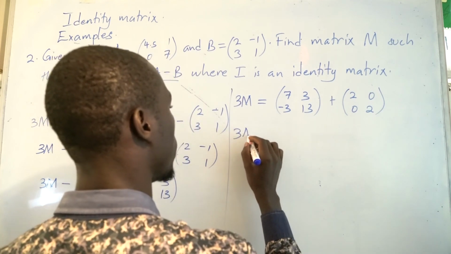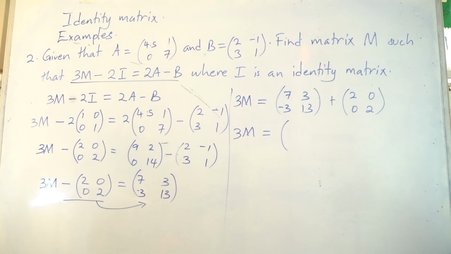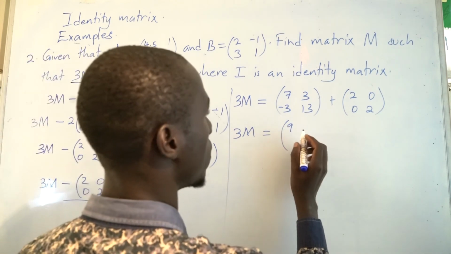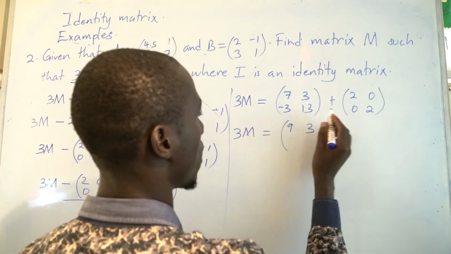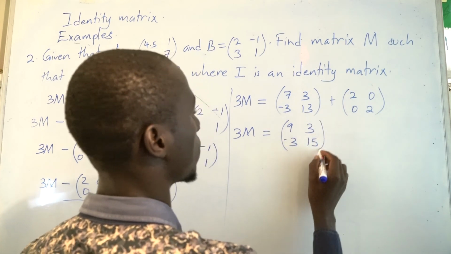So 3M is equivalent to, now we add, when we add, that's a 9. When I add, that is a 3. When I add corresponding elements, that is a 15.